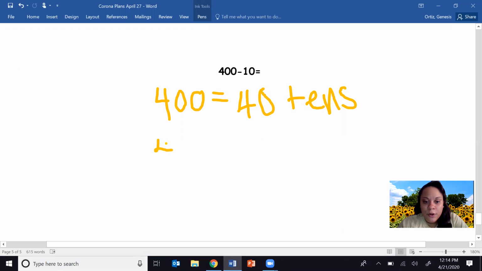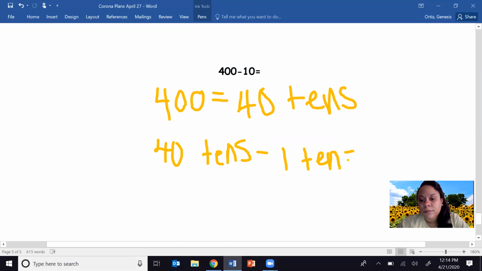So 40 tens minus how many tens is here? It's 1 ten. 40 tens minus 1 ten is equal to what? Okay, it's basically like a 40 minus 1 problem.